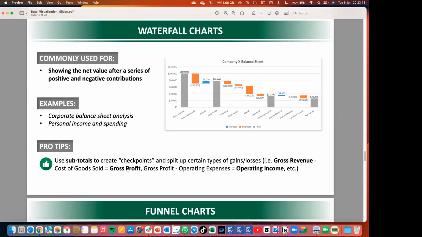Waterfall charts are always friendly, and we mostly use them in accounting, where you'll populate the sub-aggregators to a certain aggregated number, like gross revenue. So for you to get gross revenue, it was gross profit, an addition of gross profit, operating income, net income.